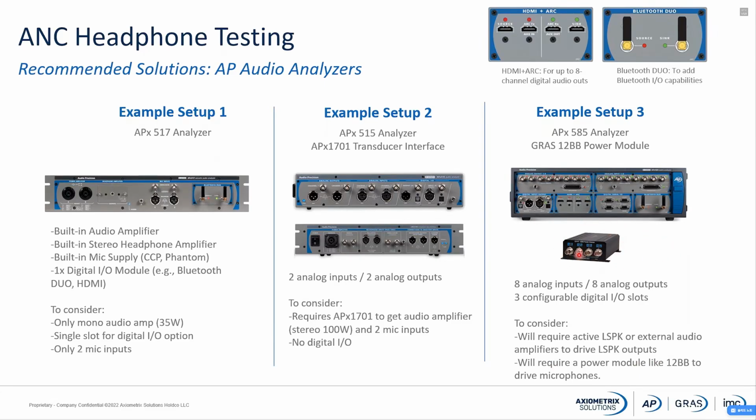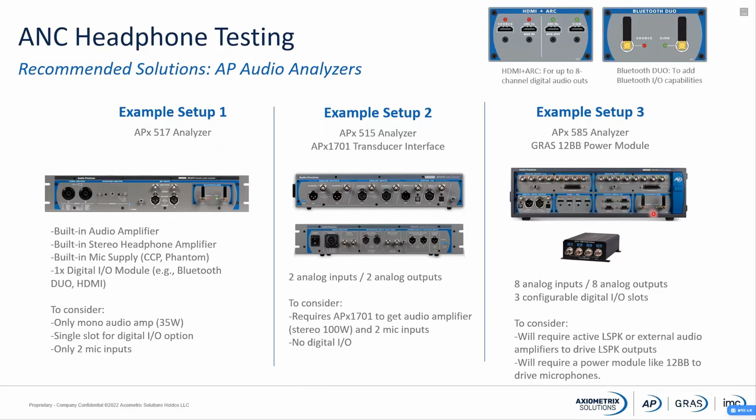to drive the microphone. So with this 12BB, we have 4 microphone inputs that are connected to the inputs of this analyzer. So we can have left and right of the test fixture, and we can have 1 or 2 reference microphones if you want. And then with this one, we have 8 analog outputs that we can use to drive 8 amplifiers for 8 loudspeakers, for example.